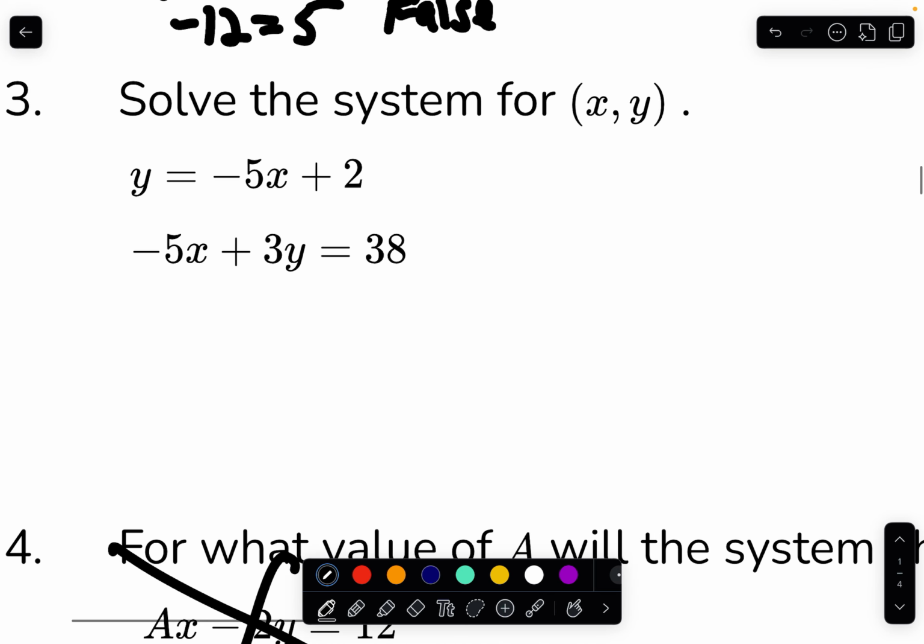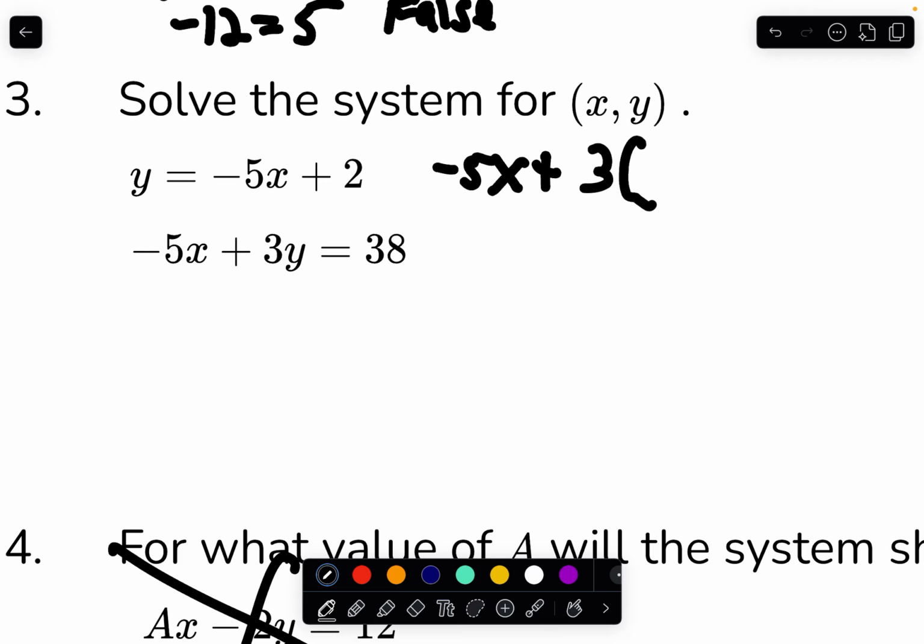3 is the one that's going to come out to be a decimal answer. So negative 5x plus, now remember, this is perfectly set up for substitution. So inside the parentheses, what used to be y will now be what the first equation says y is, which is negative 5x plus 2. And that's going to equal 38.